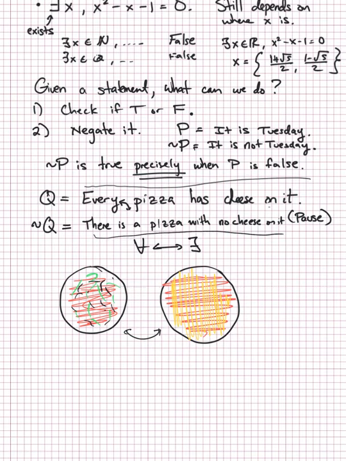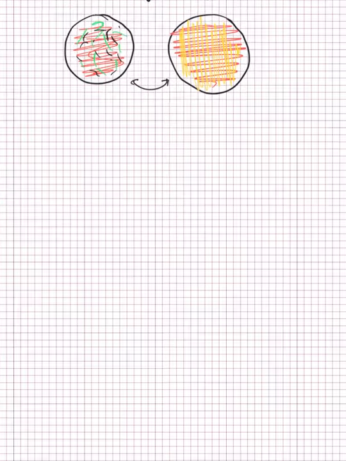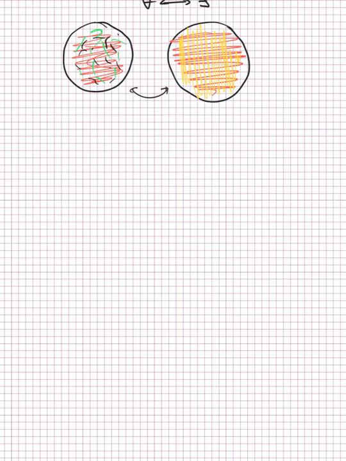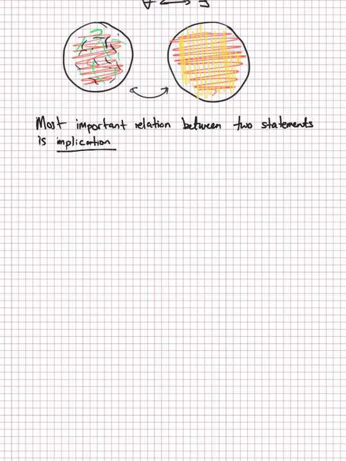Okay, so let me go to the most important relation between statements. I'm obviously going to leave the pizzas in the picture. So the most important relation between two statements is implication. Okay, so I'm going to give this a formal definition.